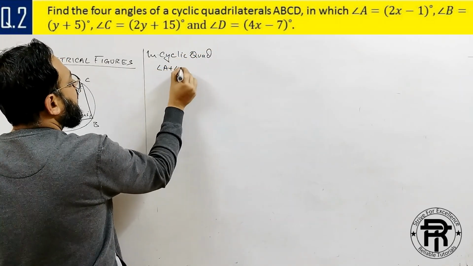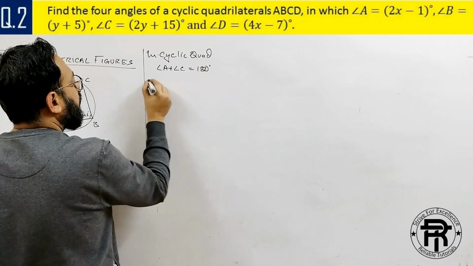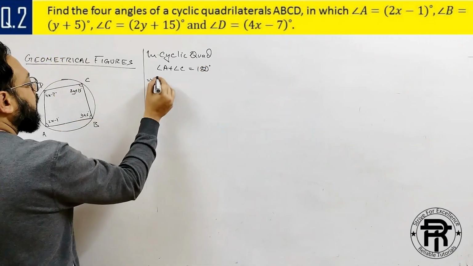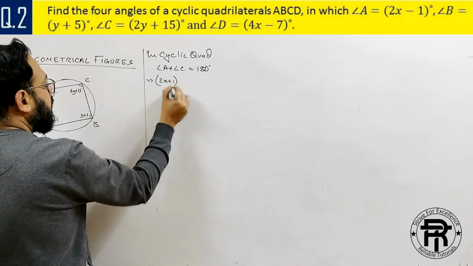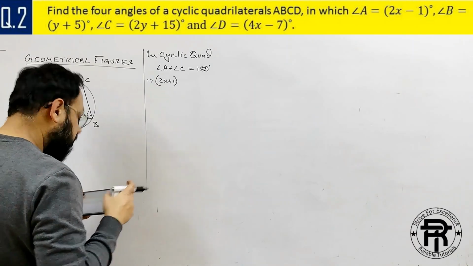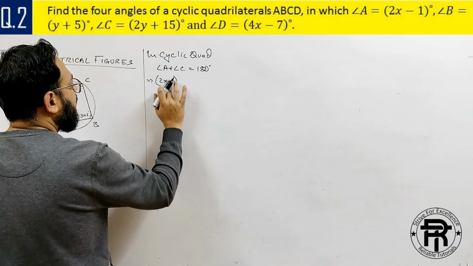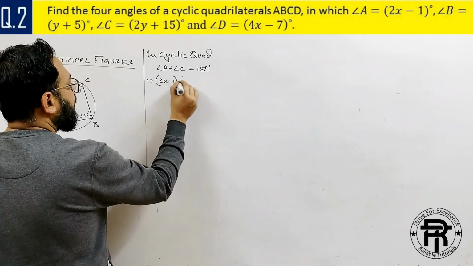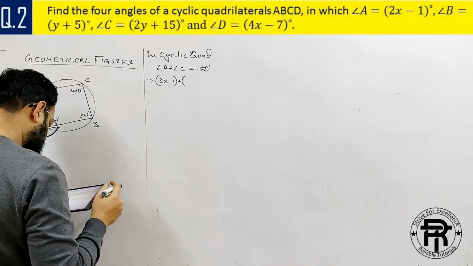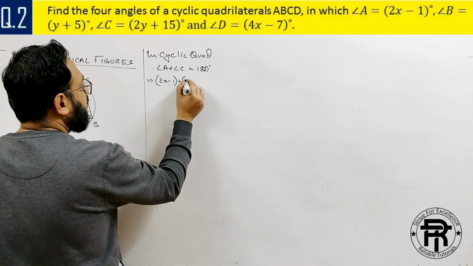Angle A plus angle C is equal to 180 degrees. Angle A is 2x minus 1, and angle C is 2y plus 15.